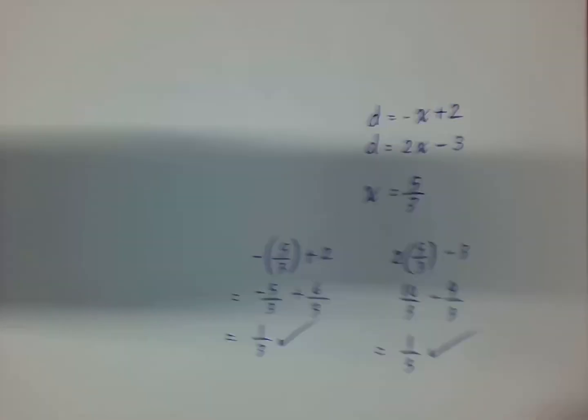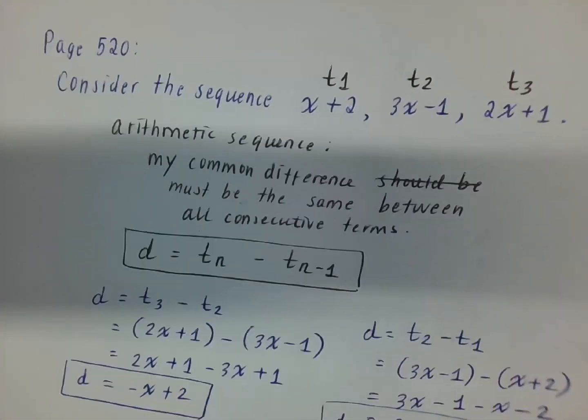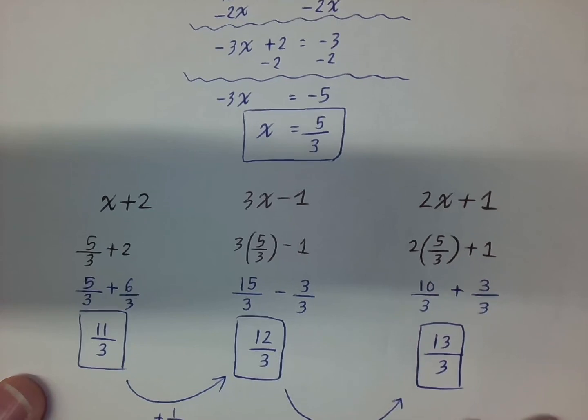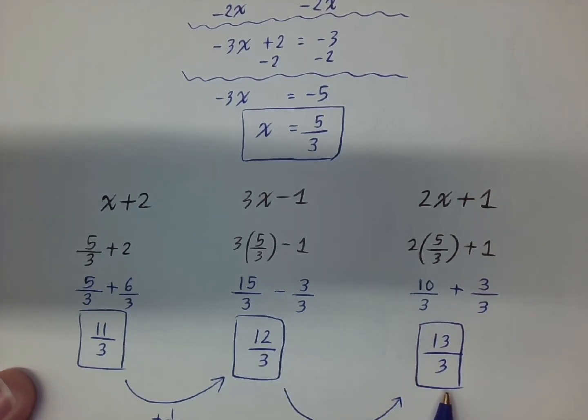So it seems like that actually did work out. For this sequence, the values would be 11/3, 12/3, 13/3. Interesting.